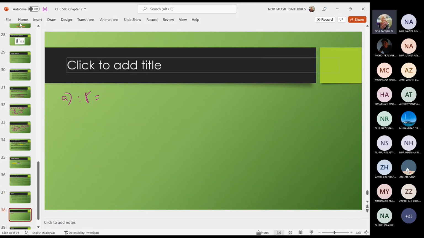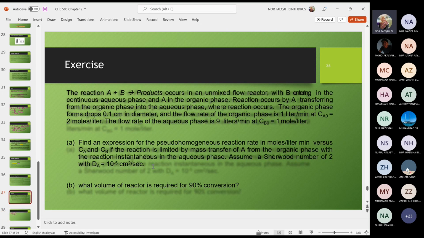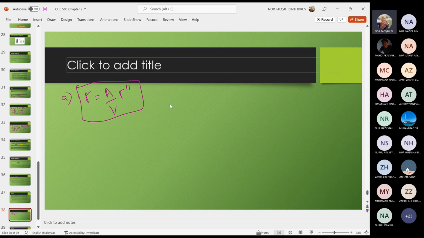So, R equals A over V times R prime. This is the equation that we are going to use, because it was also said in the question: find an expression for the pseudo-homogeneous reaction rate. So, this is the pseudo-homogeneous reaction equation.